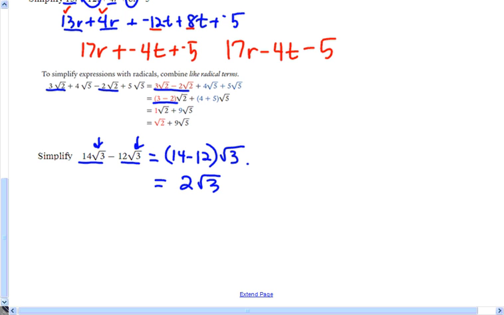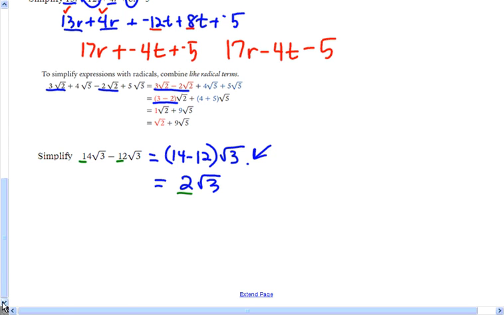If you want, you can skip this step. If you notice you have like terms, meaning you have the exact same radical, you can just do the math on the coefficients of those terms. So the 14 minus the 12 is equal to positive 2, and then times the square root of 3.